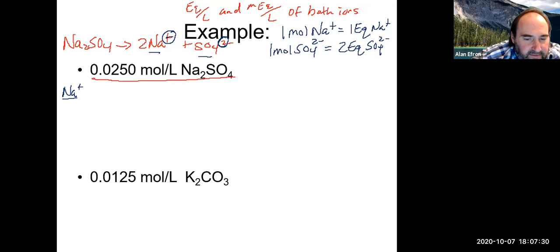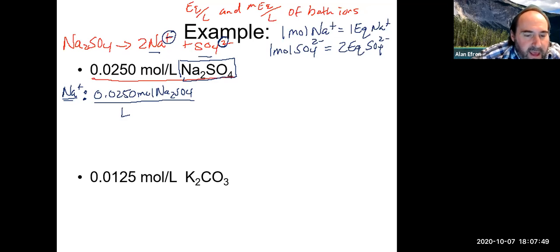So I do have to do a little bit of conversion here, because when I start with this guy, and if I start with the 0.025 moles of sodium sulfate per liter, I am not interested in the whole thing. I am only interested in the sodium part.